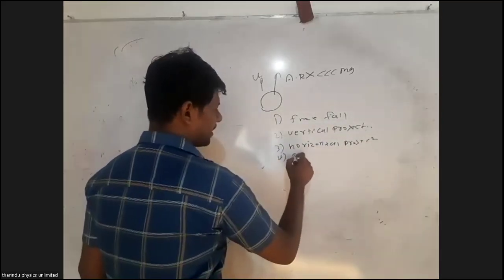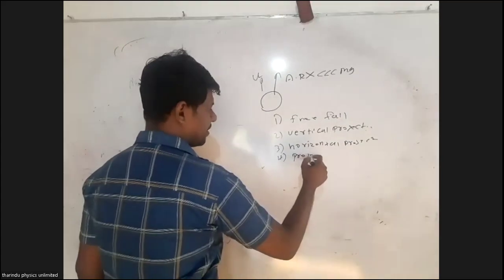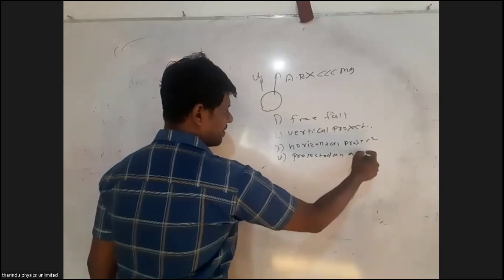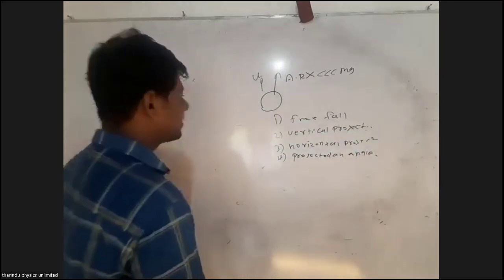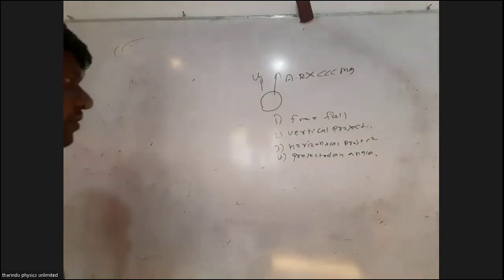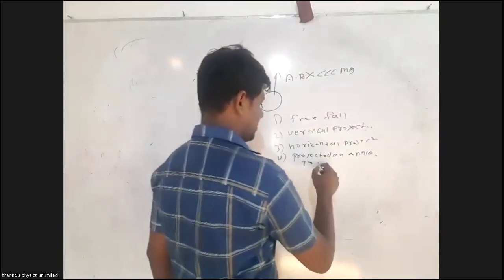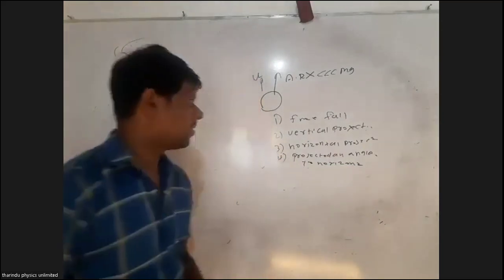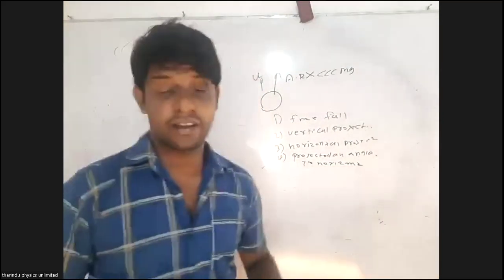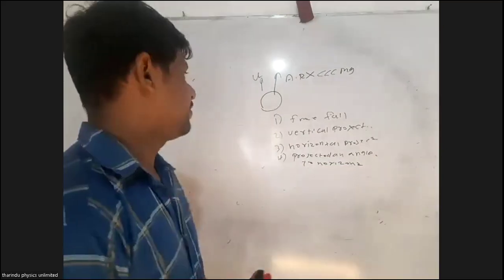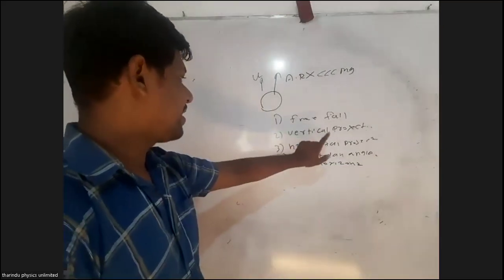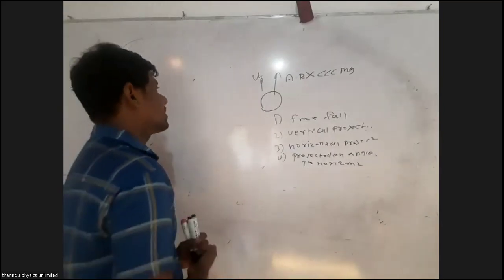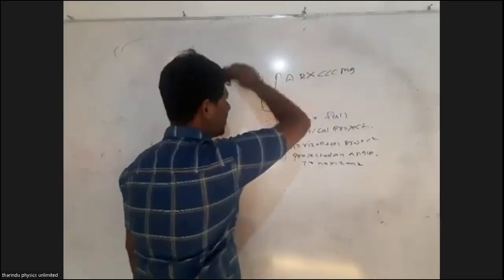Number 4, projectile at an angle. We are going to learn all of these 4 separately. What are the 4? Free fall, vertical projectile, horizontal projectile, and projectiles at an angle to the horizontal.